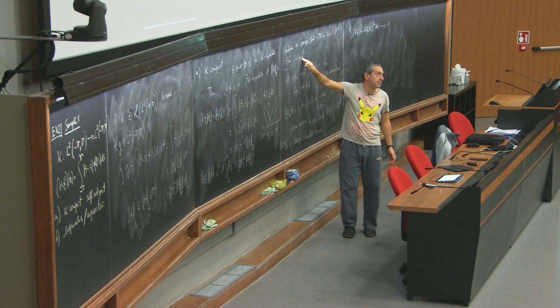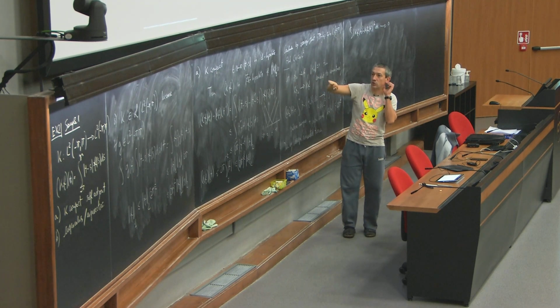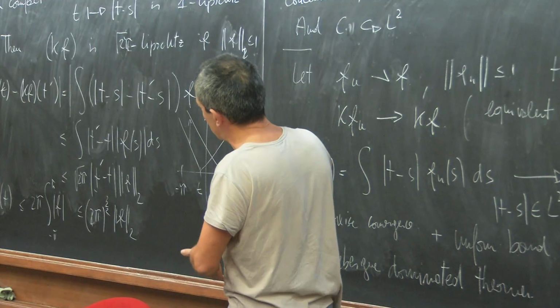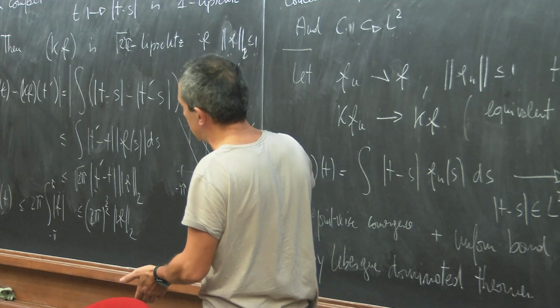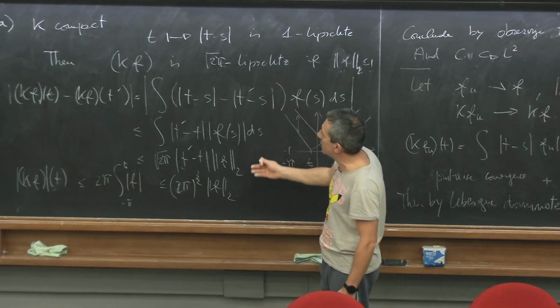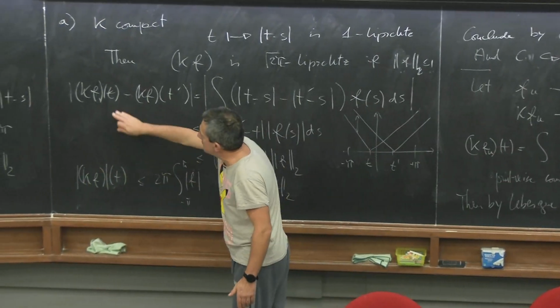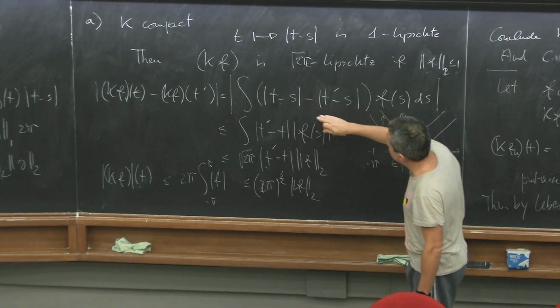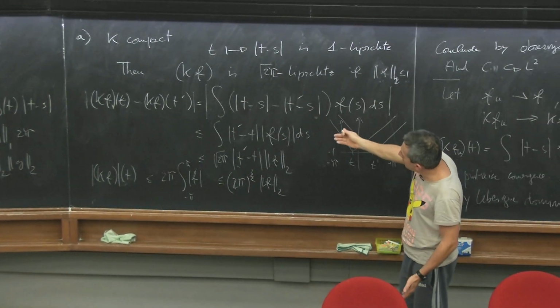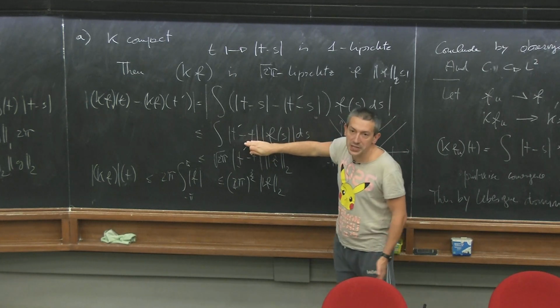So the first proof shows that the image is contained in this compact set. So I have to compute the Lipschitz constant and the L infinity norm, the continuous norm, the supremum norm, whatever you want to call it. So let's take the difference. By definition, you just observe that the maximal difference of this is the difference of the two points.